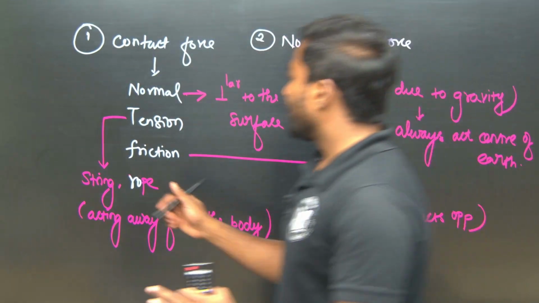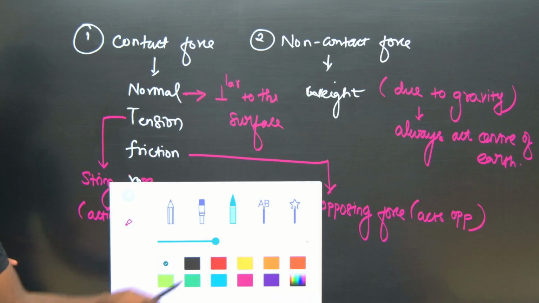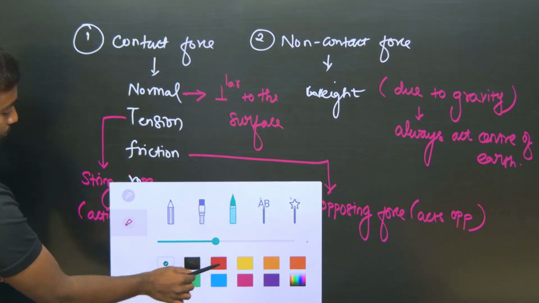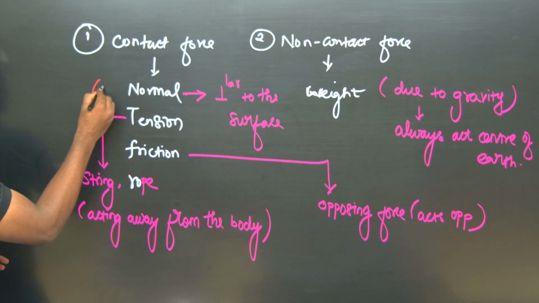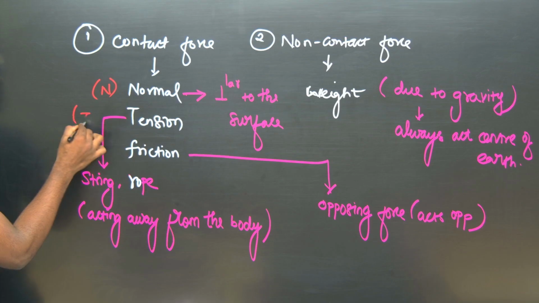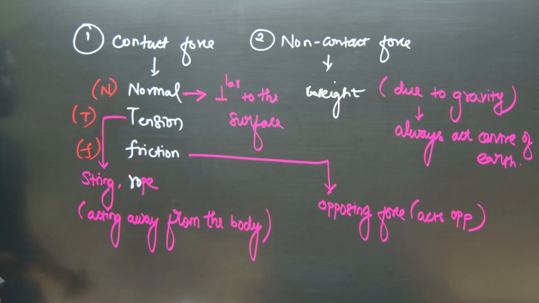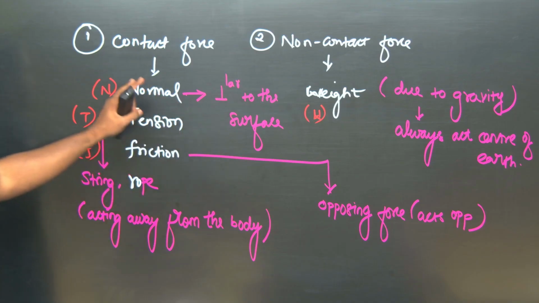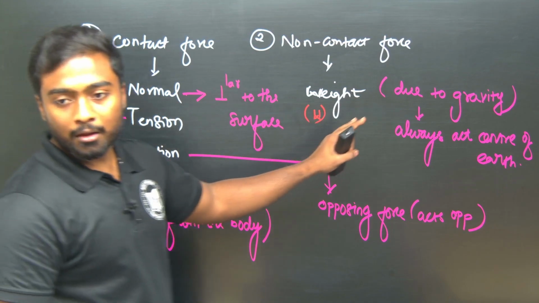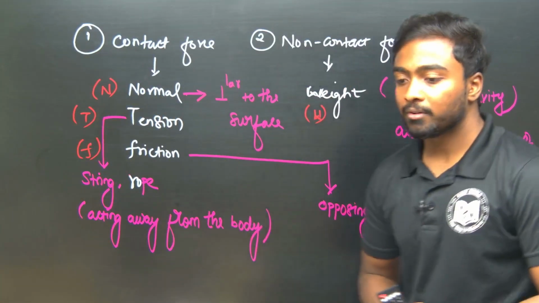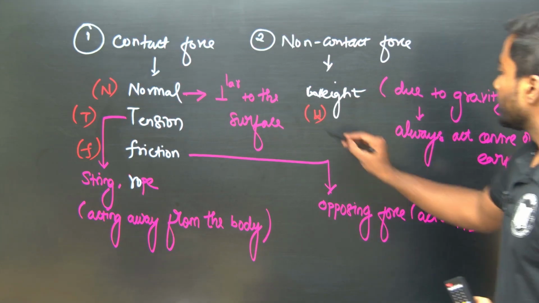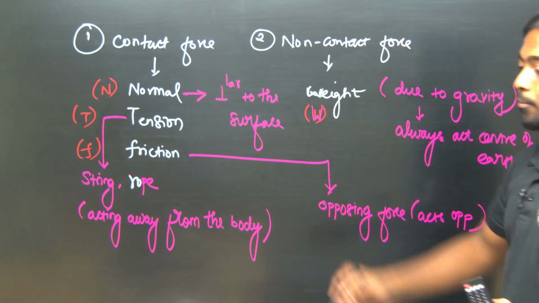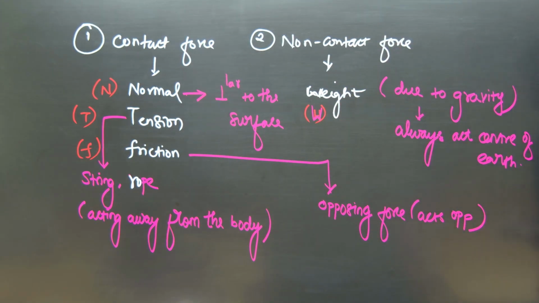Let us keep a symbol for this now. So normal reaction N, tension T, friction small f, and the weight is W. We will use these symbols in the upcoming slides and the problems. Take a note of it.